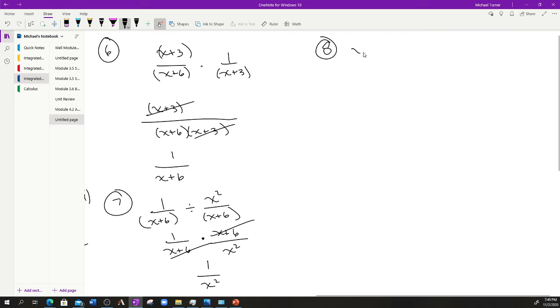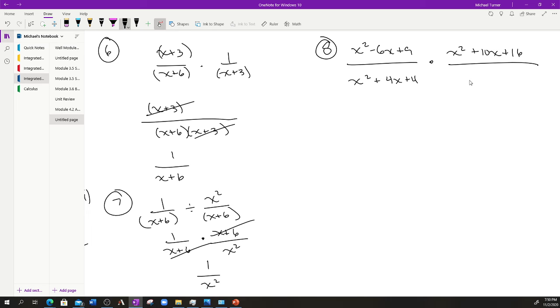So for instance, let's say we have something like x squared minus 6x plus 9 over x squared plus 4x plus 4, and I'm multiplying that by x squared plus 10x plus 16, and I'm dividing that by, let's say, x squared minus 5x plus 6. So here, that could get pretty messy.